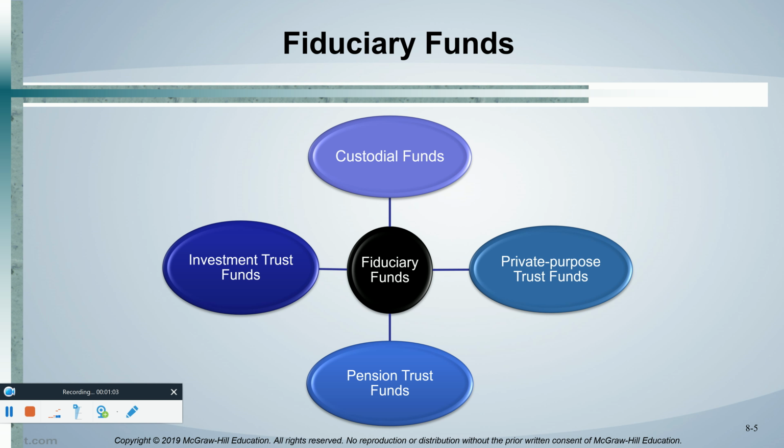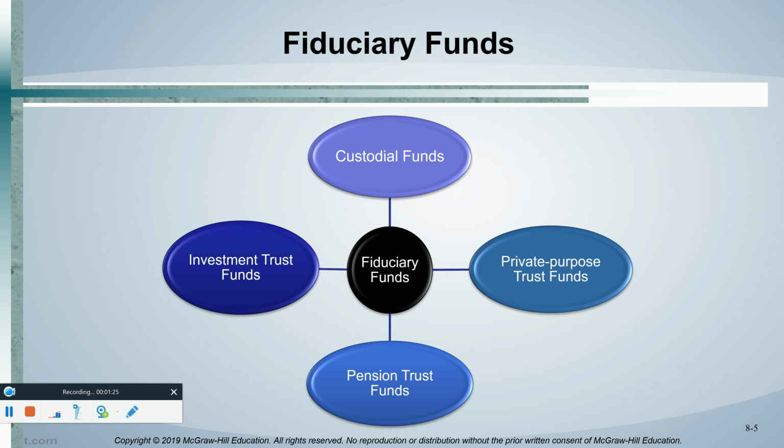Basically, the government that is controlling the custodial fund is just a pass-through. They really don't have to make any decisions. They simply take the money on behalf of one party and distribute it to the party that it needs to go to. Versus a trust fund has a more long-term nature.